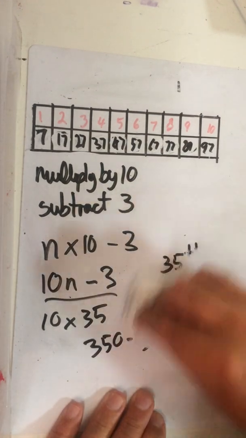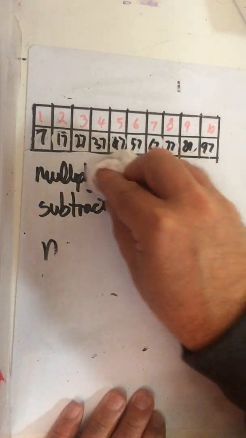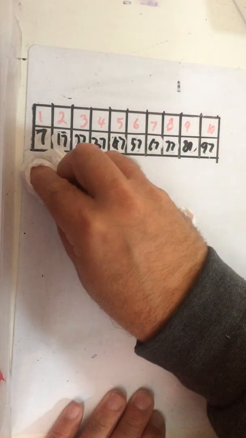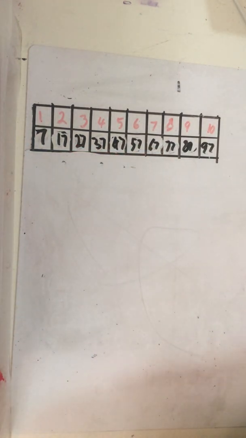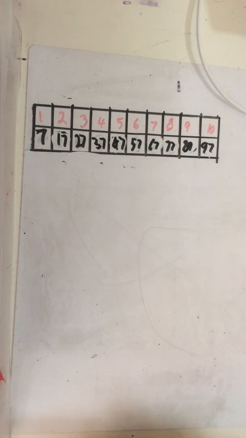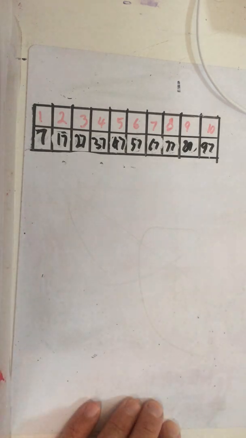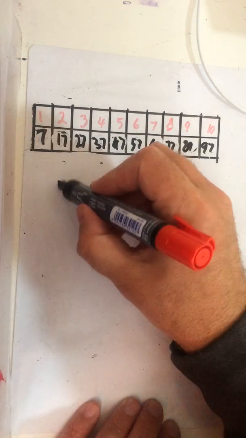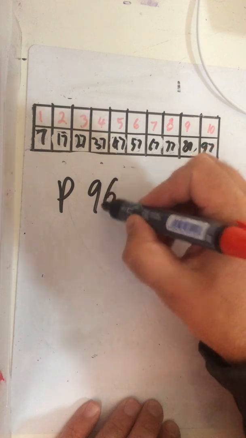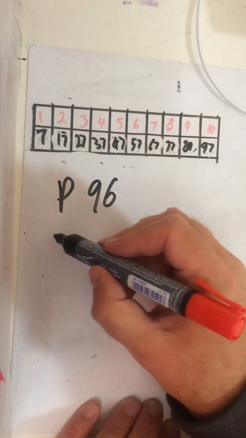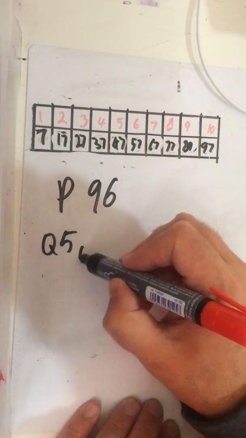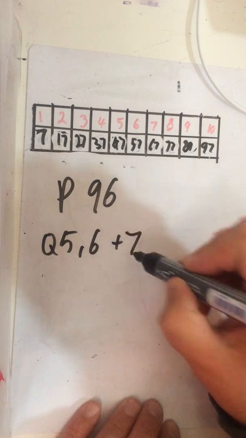Right, I want you to have a go at these yourself, please. Not too tricky, but make sure we get that formula correct, and then we should be able to expand on the work next time. The questions I'd like you to do, please, on page 96: questions 5, 6, and 7.